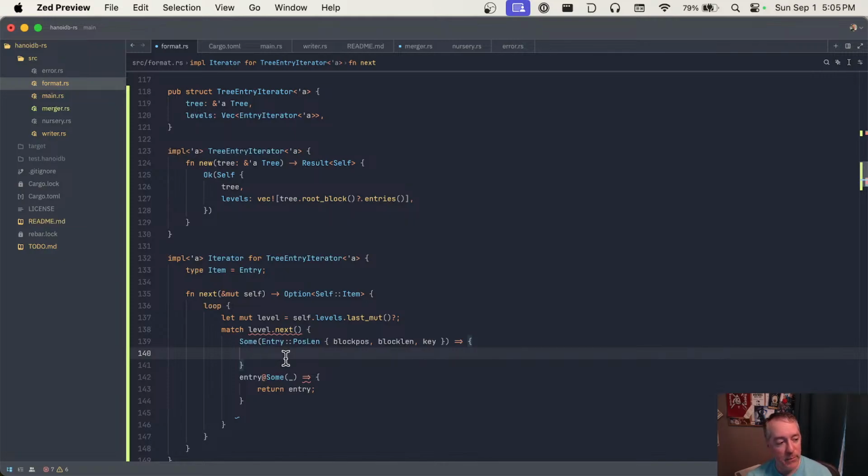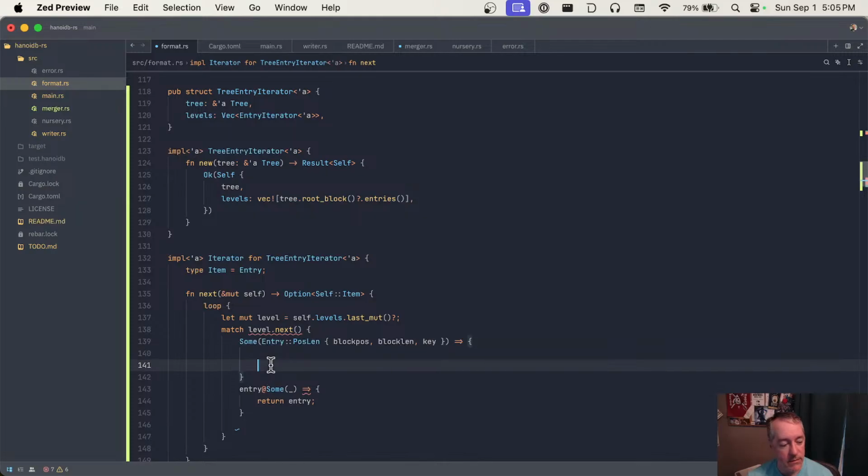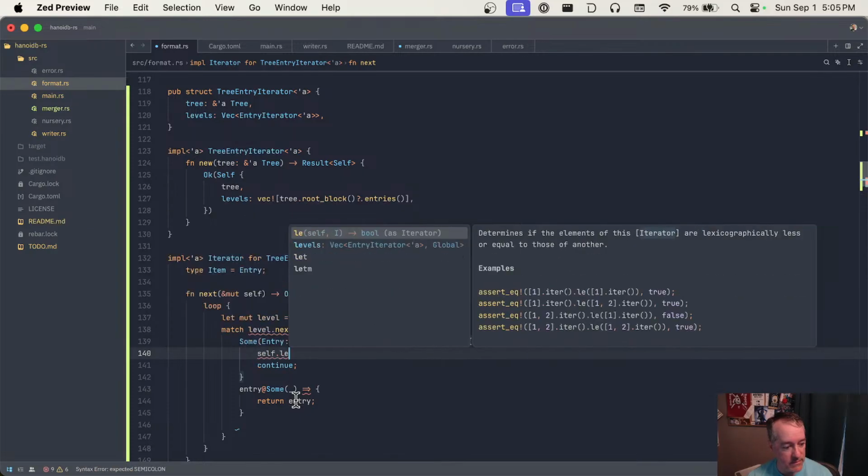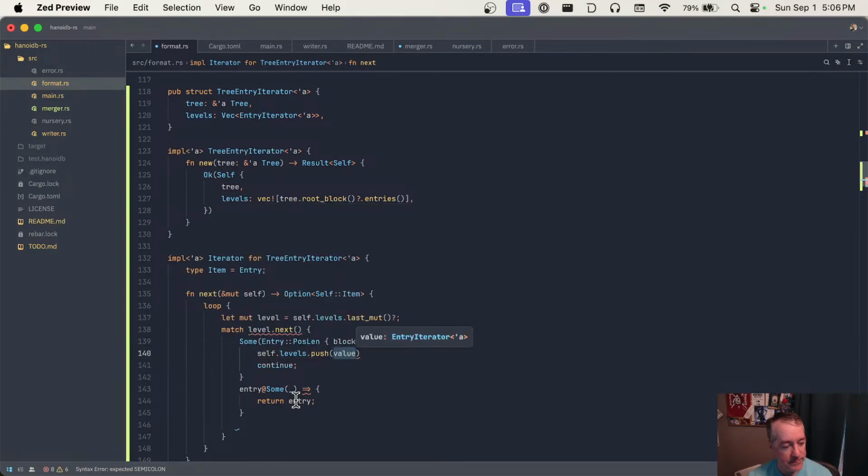We need to push it into the levels thing, and go next. So this is going to be a continue, right? And we're going to do self levels push from start length.